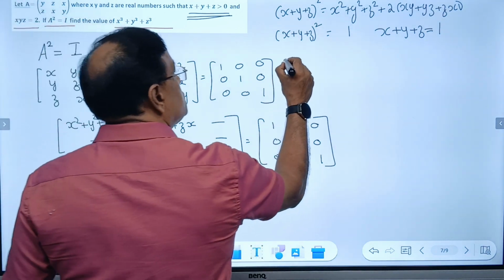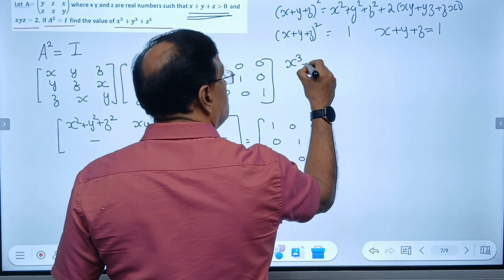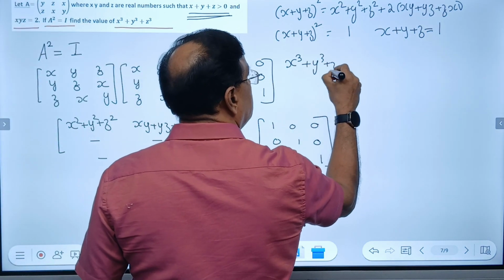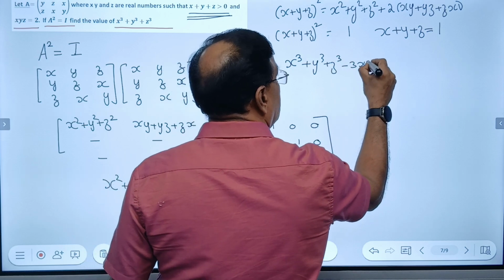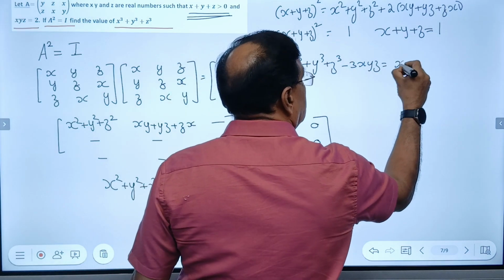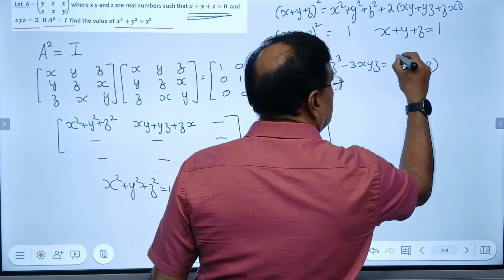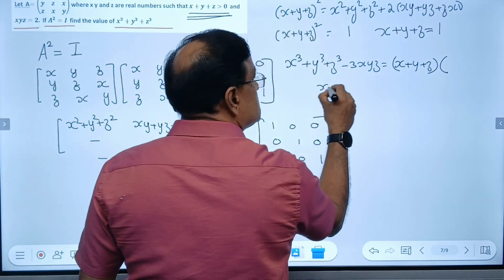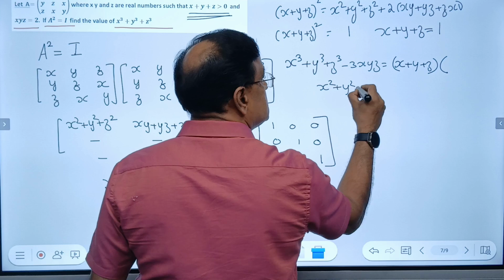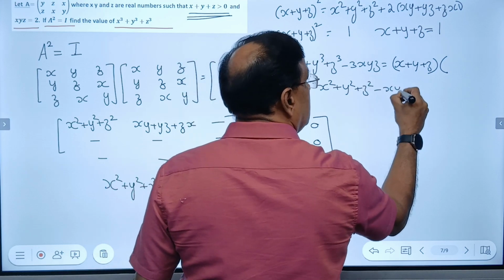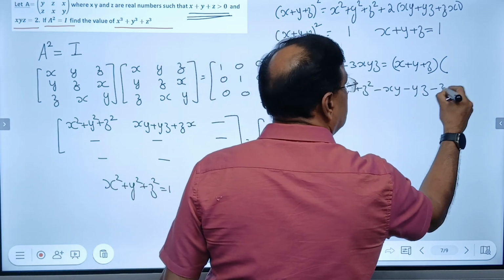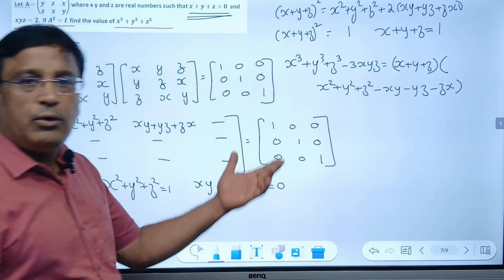Now, you also know from algebra that x cube plus y cube plus z cube minus 3xyz is equal to x plus y plus z into x square plus y square plus z square minus xy minus yz minus zx. Very famous identity. Okay.